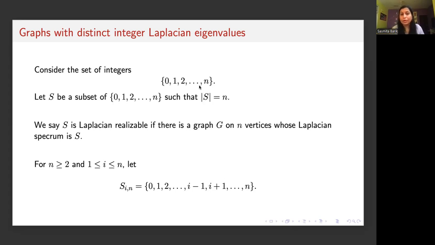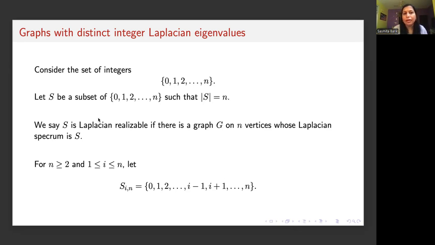As we observed, our eigenvalues lie between 0 and n. If all are integers, they take values between 0, 1 up to n. If they are distinct integers, then we have only n plus 1 numbers, 0 to n. So basically we are allowing all the numbers except one. That is the situation.